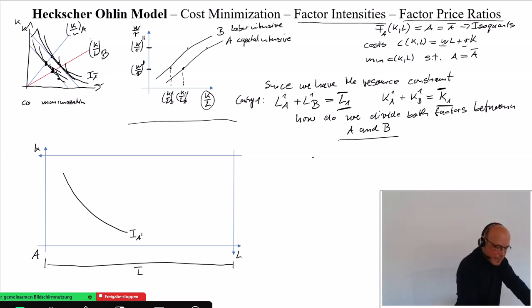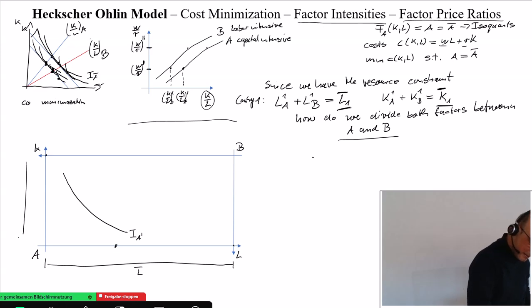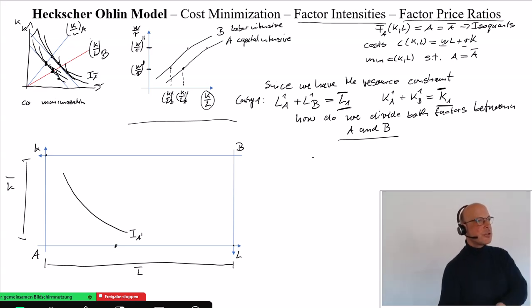But if we, for example, use that much of L for producing A, then the rest we can use for B. So this would be the origin for our product B. If we are here and here, using the total factor amounts K bar and L bar for the production of A, then there is nothing left for B. So we are then just in the origin of product B.